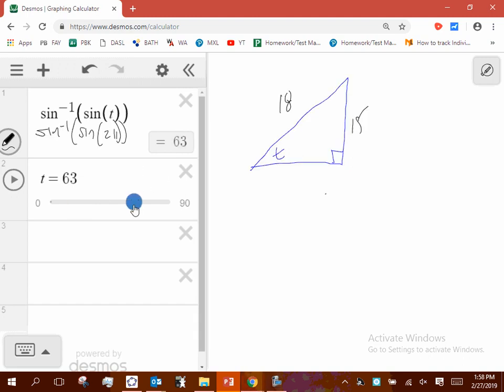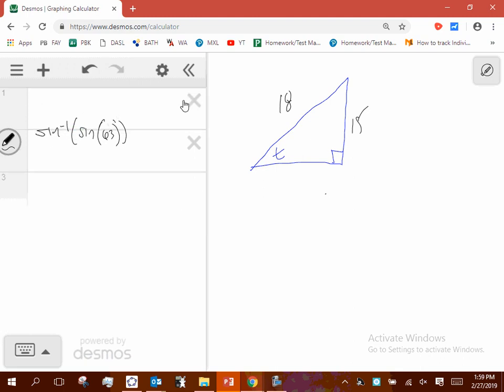Okay? If I change that to 63, and what's it spit back? 63. Okay? So no matter where I stop as I slide this, I'm basically doing all those calculations almost instantaneously, right? The sine inverse of the sine of whatever is always going to spit back the whatever. That's key for understanding the algebra that we're about to do.